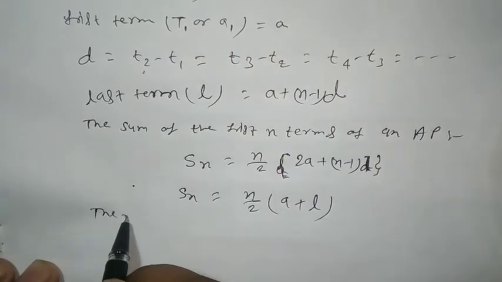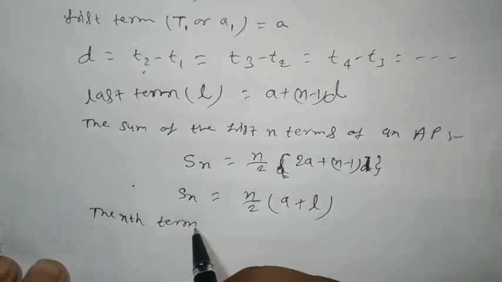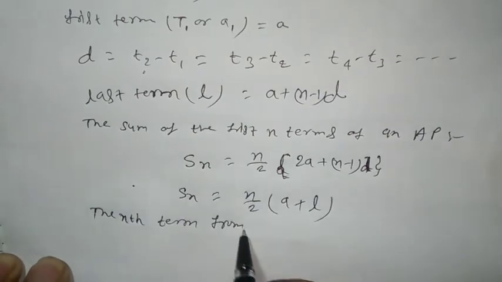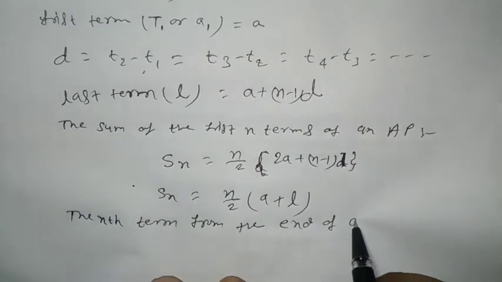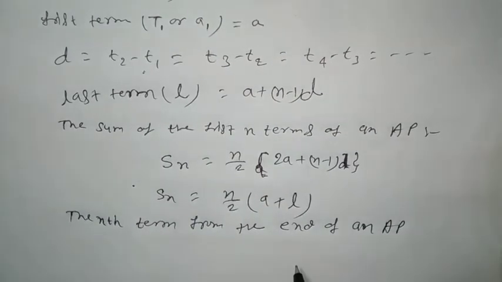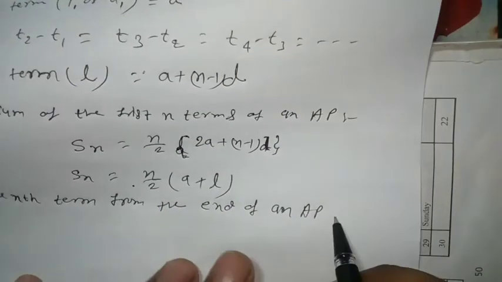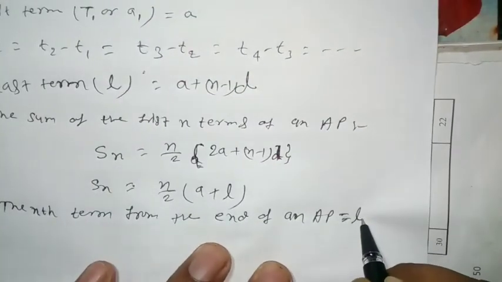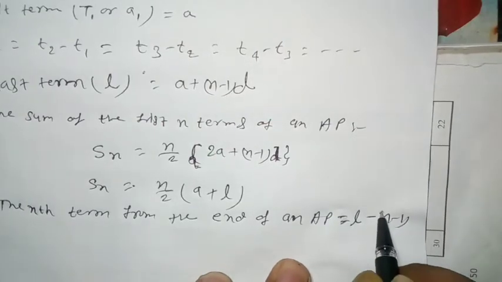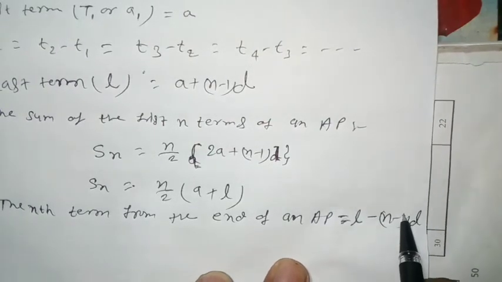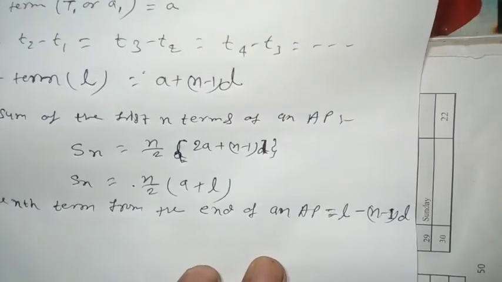The nth term from the end of an AP is equal to L minus n minus 1 into d. This is the formula for the nth term from the end of an AP.